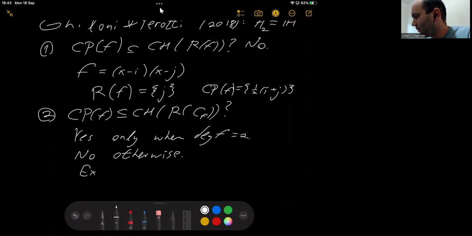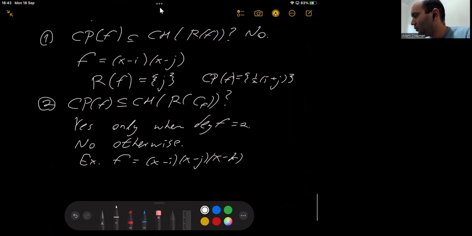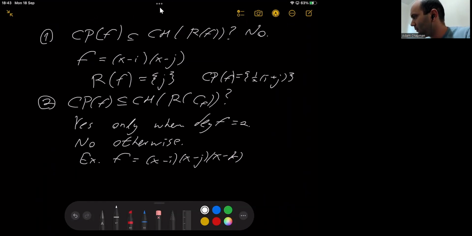And as an example, they gave the second natural example that you would think of, which is just x minus i times x minus j times x minus k, and k is i times j. I'm not going to explain now how the example works, but it's actually a nice example.